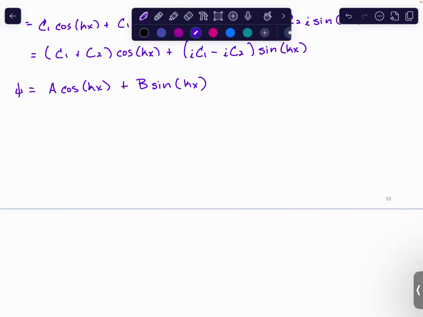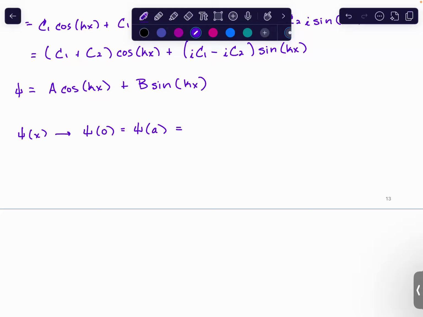So we know at the boundary conditions, originally I have a function psi of x. I'm going to put those boundary conditions in. So psi at x equals 0 is going to equal psi at x equals a.